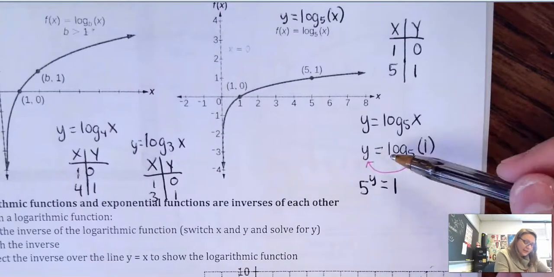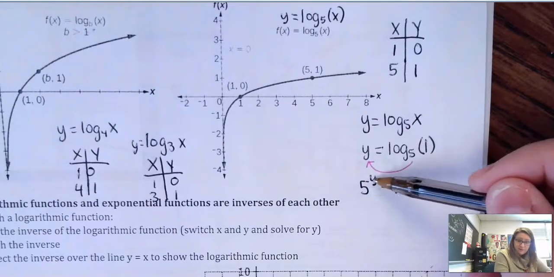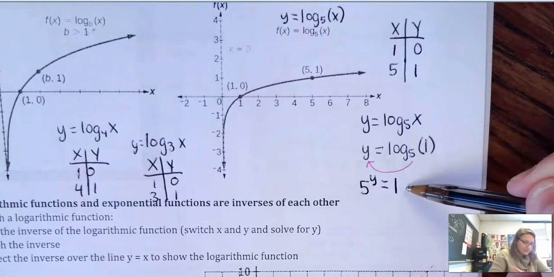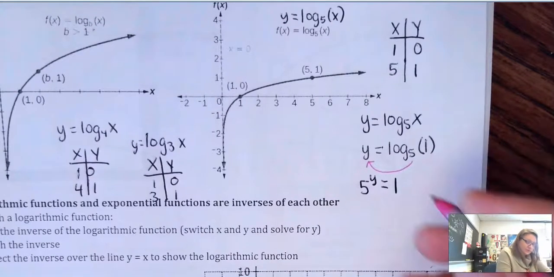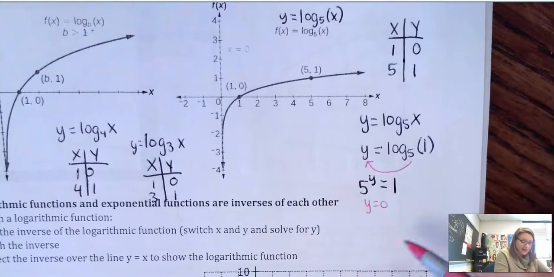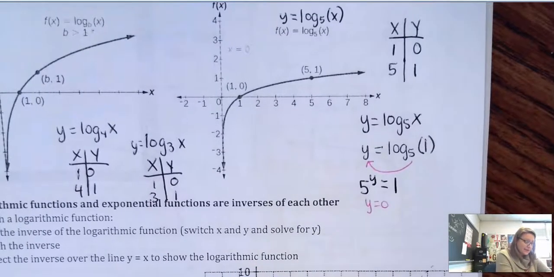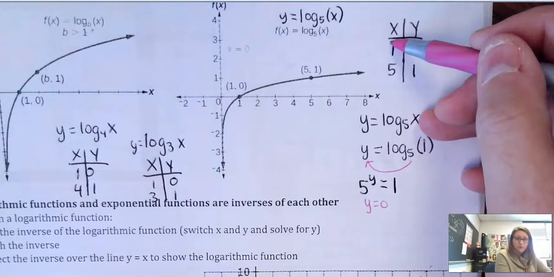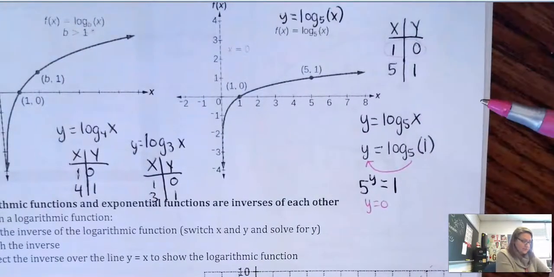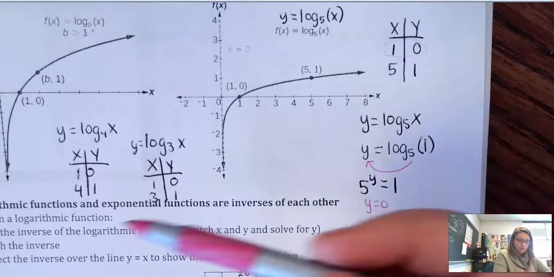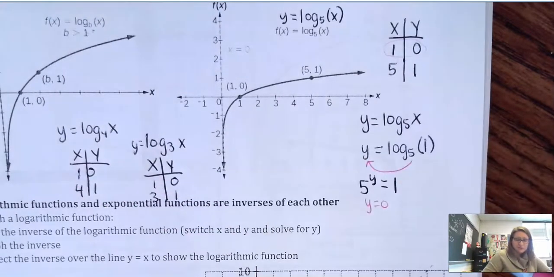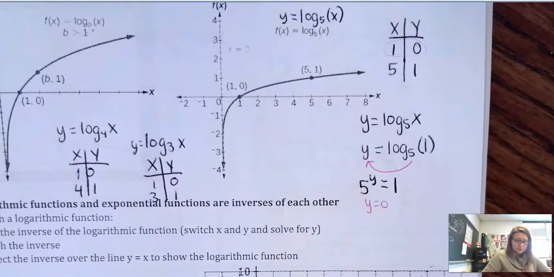Well, in your properties of exponents, the only way anything to a certain power is equal to 1 is if that exponent is 0. Anything to the 0 power is 1. So that is why that is always a point. No matter what the base is, I can say that 1, 0 will be a point. I could go through every time and prove that just by switching to an exponential.